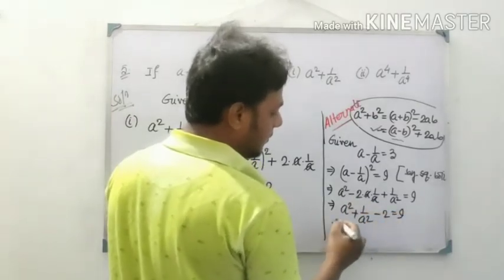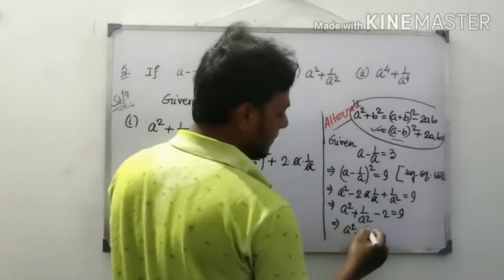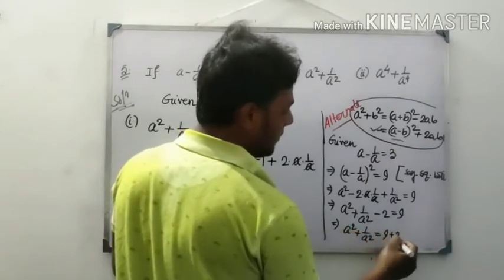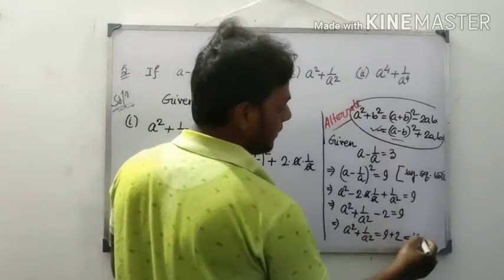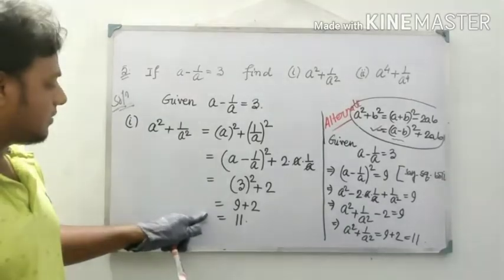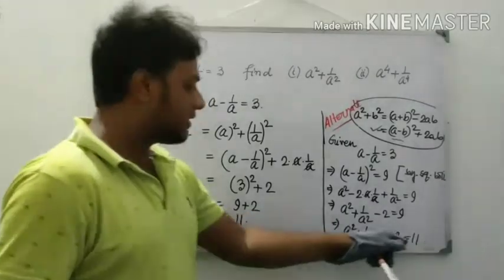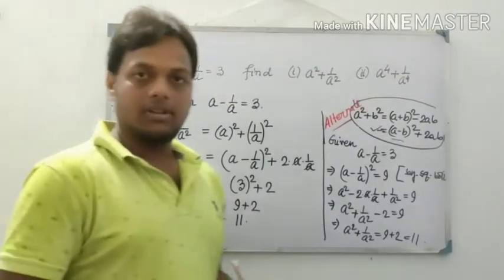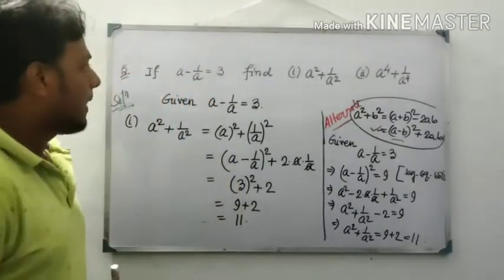Just move this term to that side, then you will get the answer: 9 plus 2, we have moved this 2 to the right hand side, equals 11. See, in the first process we got 11, and in the second also 11. You can use any one process. Did you get it?